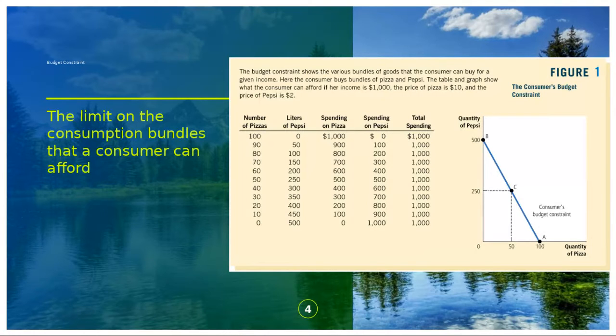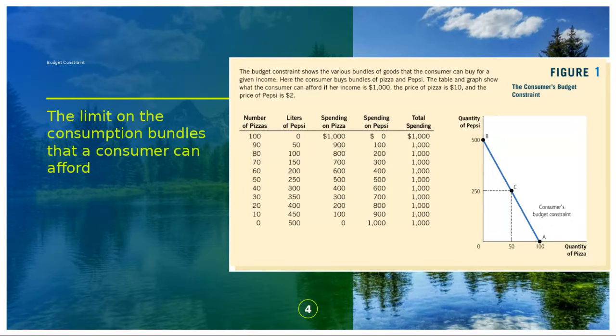The budget constraint is basically the same function, but it is the limit on the ability of consumers to spend. So the basic principle here is that if a consumer, for example, only has $1,000, they can only spend $1,000 on goods.